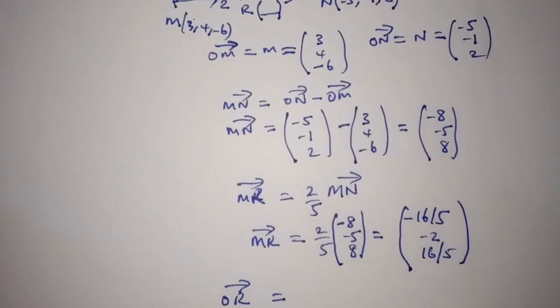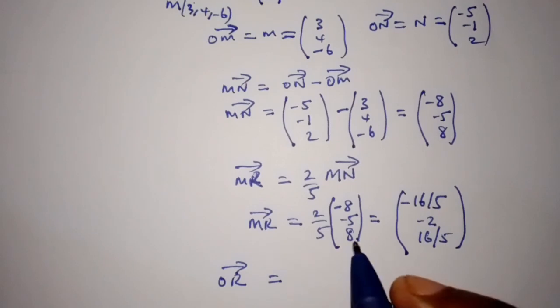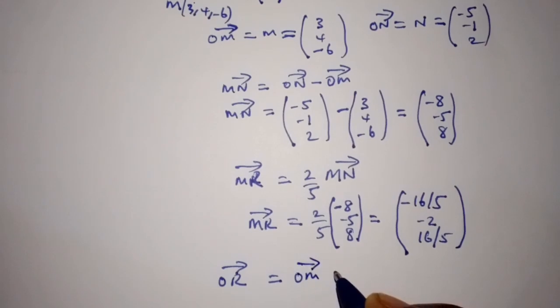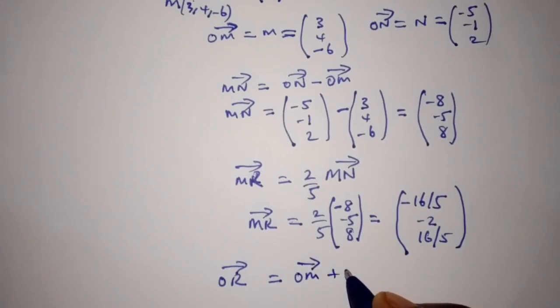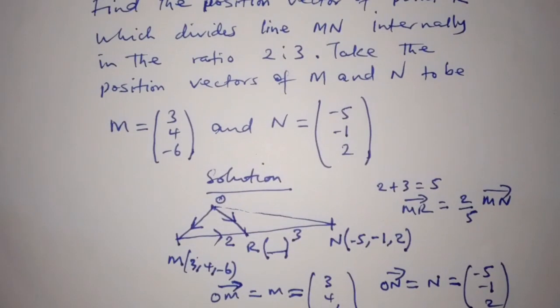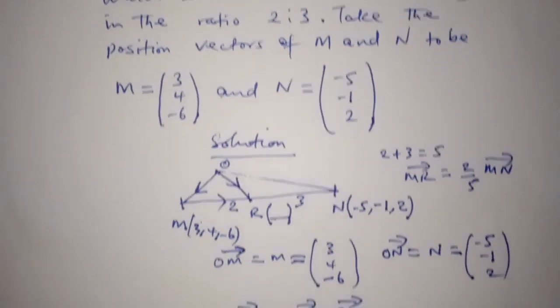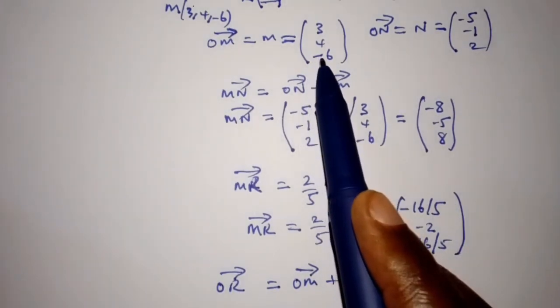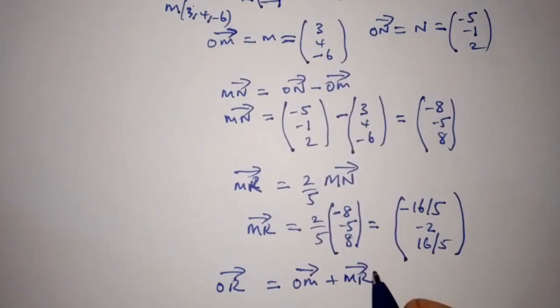So OR is vector OM plus vector MR, and we know that vector OM is (3, 4, -6).